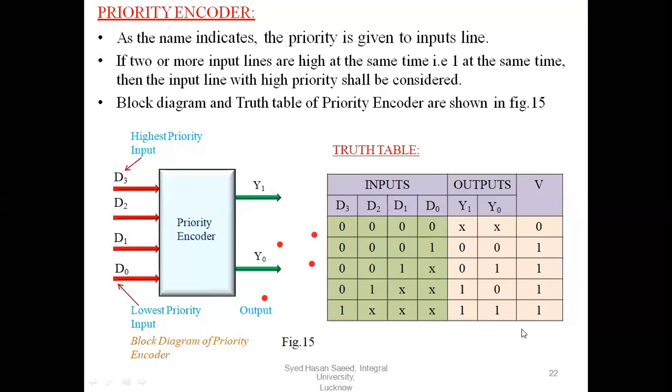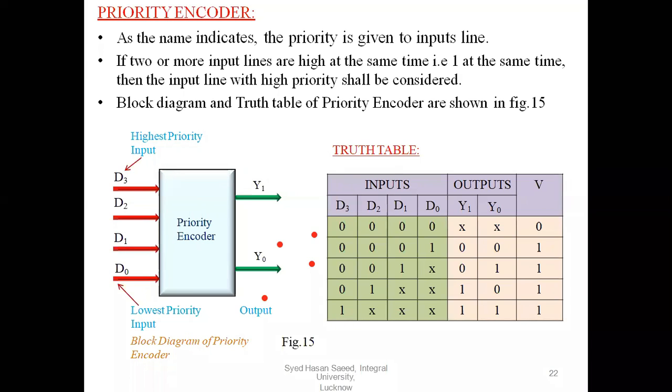We set the valid bit to 1 when one or more inputs are equal to 1. When one or more inputs are equal to 1, we will mention V is 1. When the valid bit indicator is set to 0, if all inputs are 0, there is no valid input and V is equal to 0.